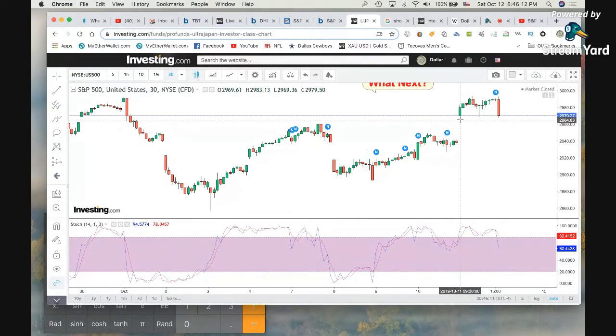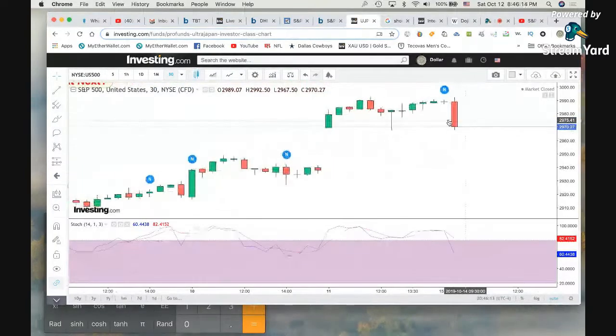So on this candlestick, you can look across the top. The low is 29.69.36, and at the bottom of the screen, that's 9:30, so that's the open, and the low at the end is 29.67.